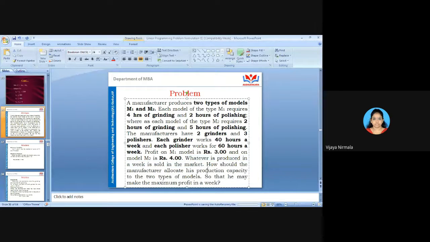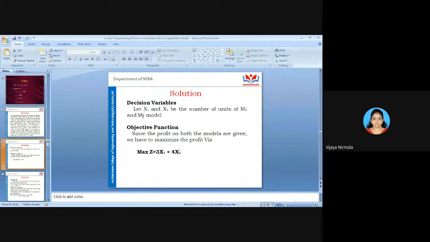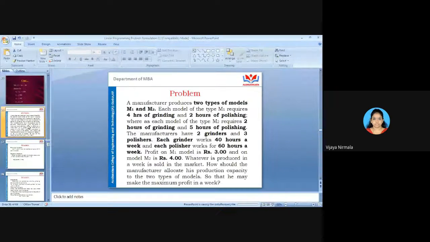And how do you solve this problem? Let us see. What are the decision variables? How many types of models do we have? Only two models, so you get only two variables.